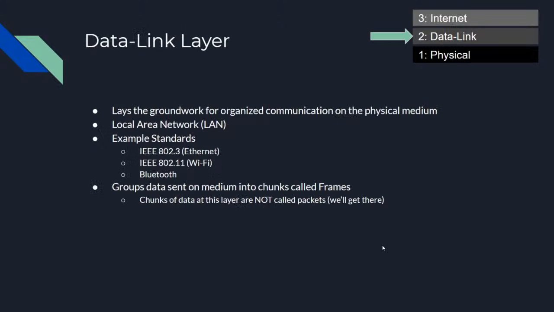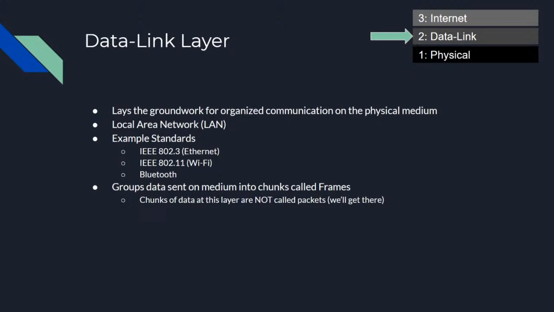Now we move up to the data link layer, which essentially lays the groundwork for organized communication on a physical medium. So now we have a medium where two devices can talk to each other in bits and bytes, or smoke signals. How do we organize that? How do we label which device is which?